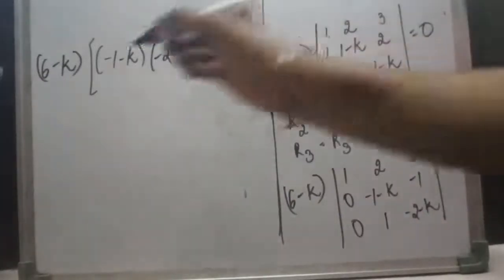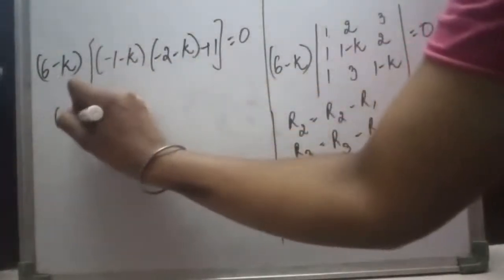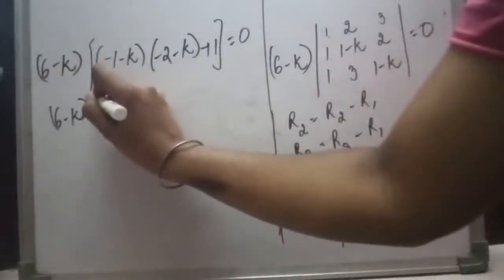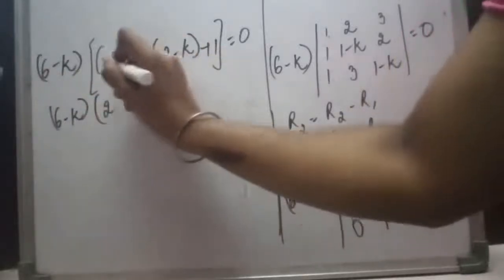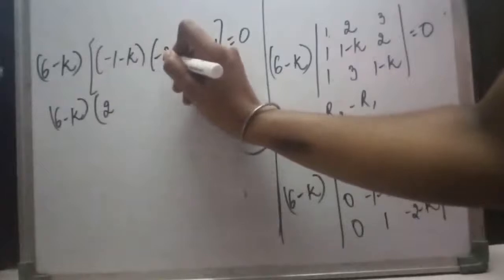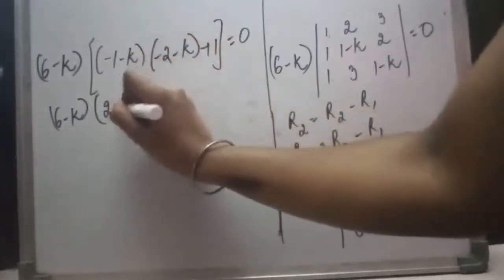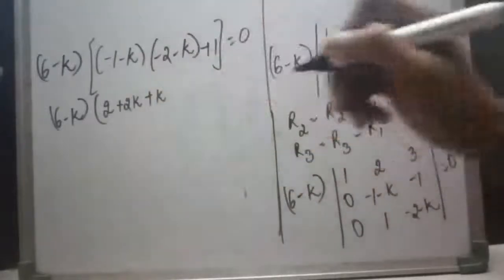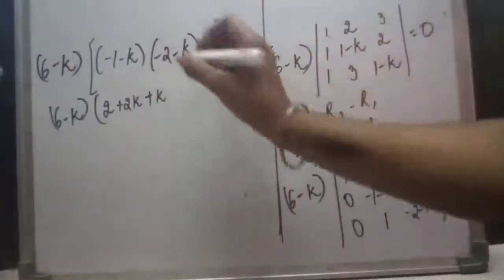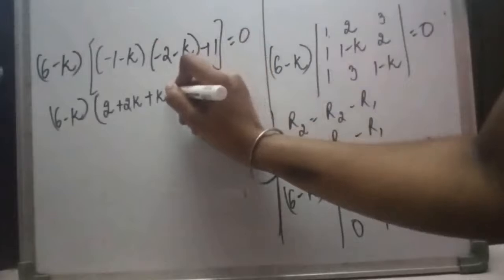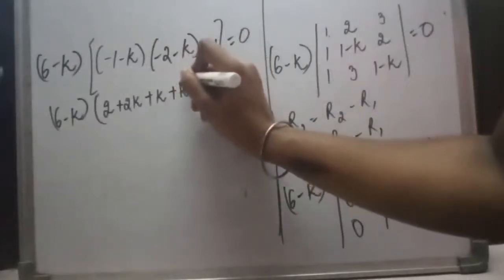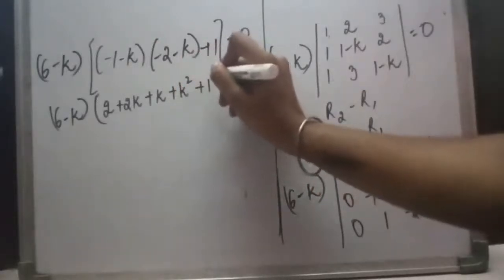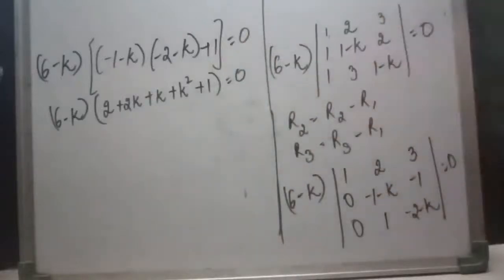So let us solve it. It will be 6 minus k. When we solve it, it will be positive 2, then plus 2k, then plus k, then plus k square plus 1, that will be equal to 0.